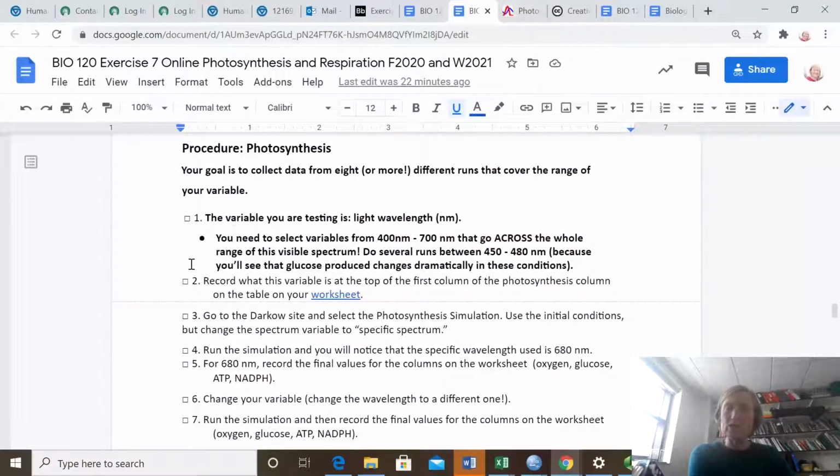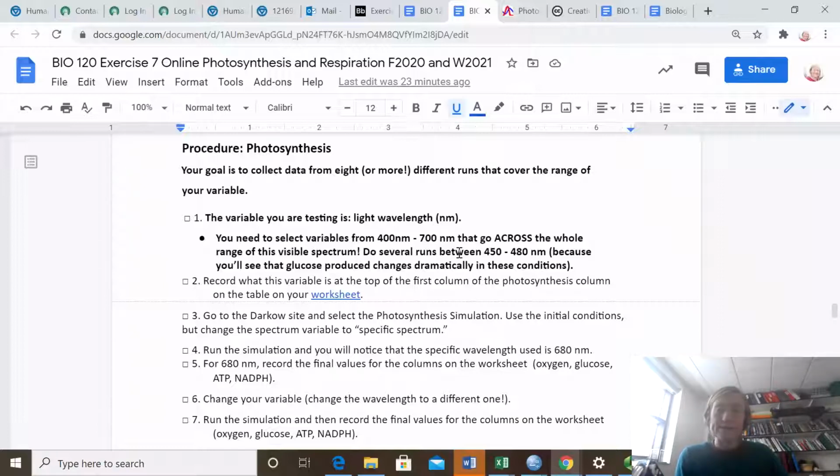You're going to change the light wavelength. You're going to select a value from 400 to 700 nanometers. You're going to run this at least 8 times, possibly more. You want to pick this whole range of wavelengths. You think, I wonder which wavelength photosynthesis is going to be the best at. That's really what we're asking.